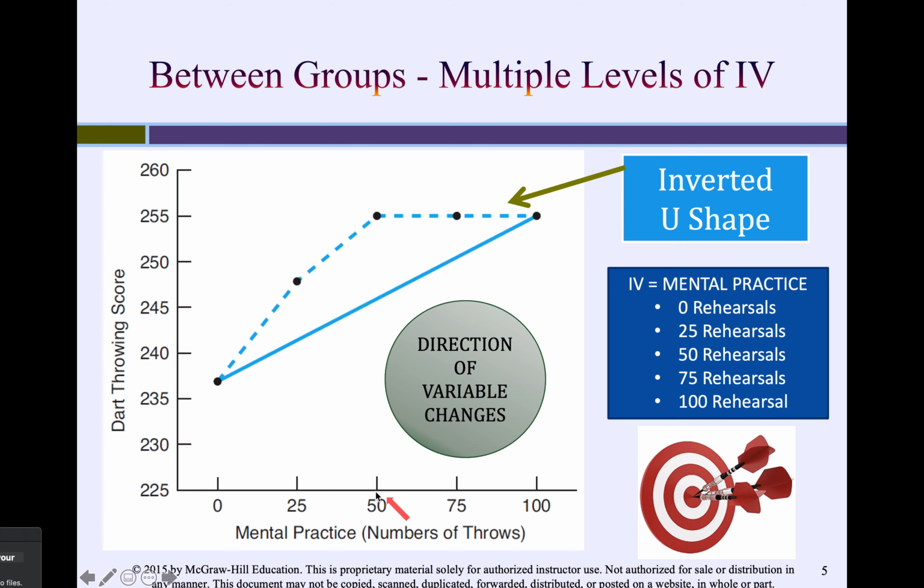If you rehearsed 50 times, your score went up to 255, 75, pretty much about the same, 100 mental rehearsals, about the same. As you can see here, by providing 5 different levels of the independent variable, we were able to see a very nice, clean change and difference of that dart throwing score, the dependent variable, depending on how many times you mentally rehearsed, practicing in your mind throwing the dart across the room.